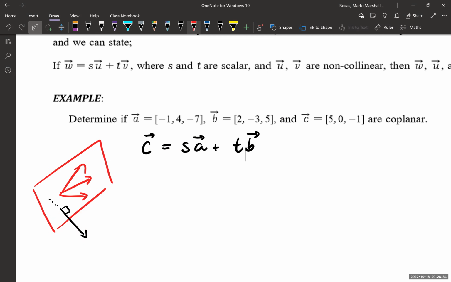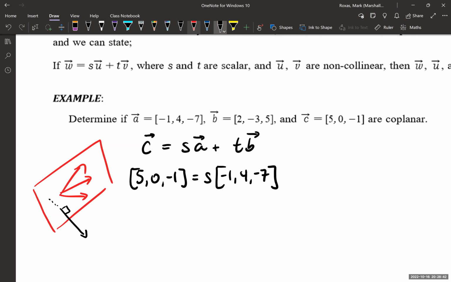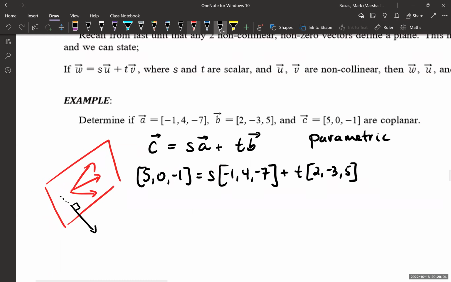Can (5, 0, -1) equal some scalar multiple s of (-1, 4, -7) plus t times (2, -3, 5)? The trick to solving this is to create what we're going to call parametric equations, where we break apart the vector.